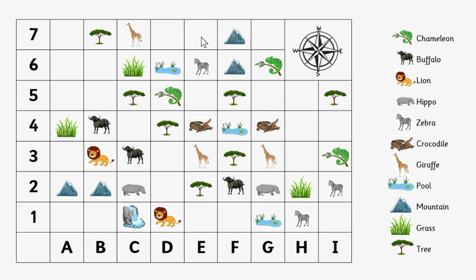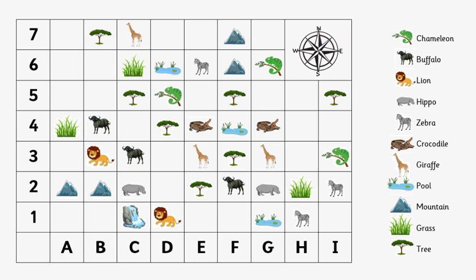So we're in E7, facing north. Make a half turn clockwise and go forwards 4 spaces. What animal have you landed on?